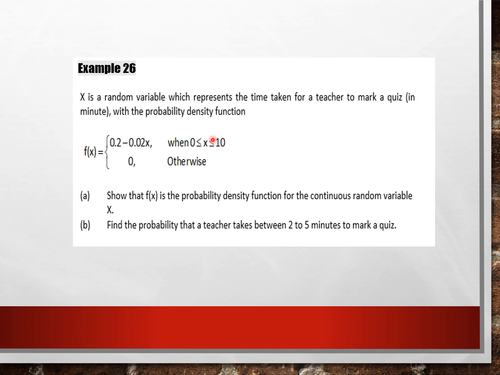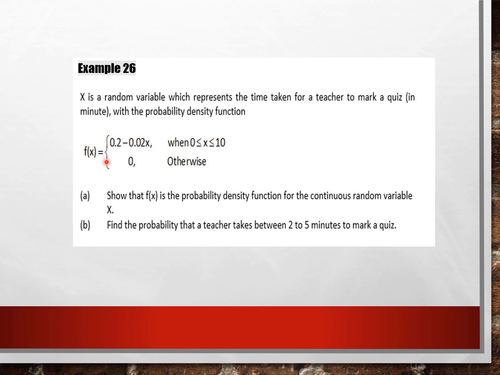Look at example 26. X is a random variable which represents the time taken, in minutes, for a teacher to mark a quiz, with the probability density function as follows.